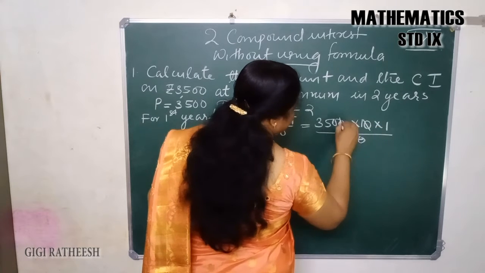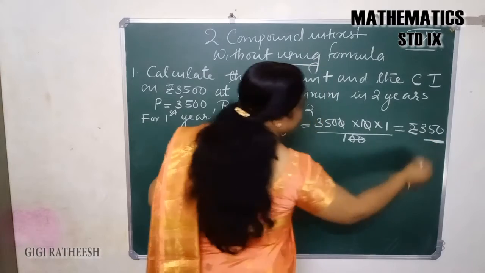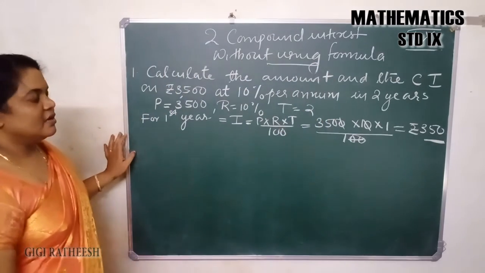Cancelling these two zeros, we get rupees 350 as interest for the first year.